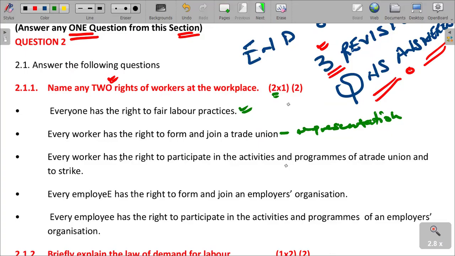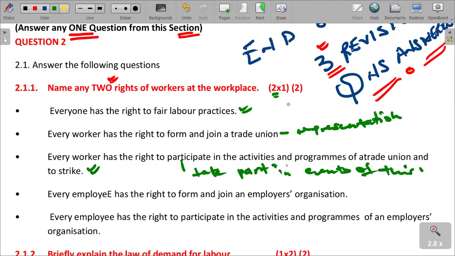Every worker has the right to participate in the activities and programs of a trade union, and in a strike. Given that they have joined their trade union, they have the right to take part in the events of their union.